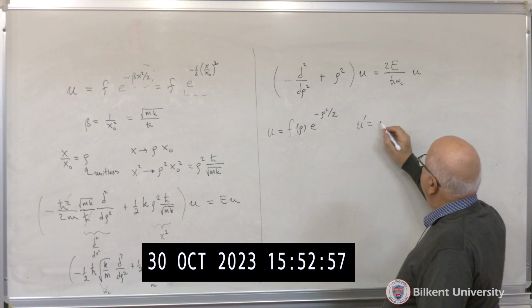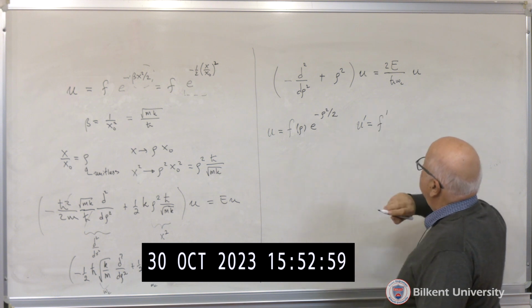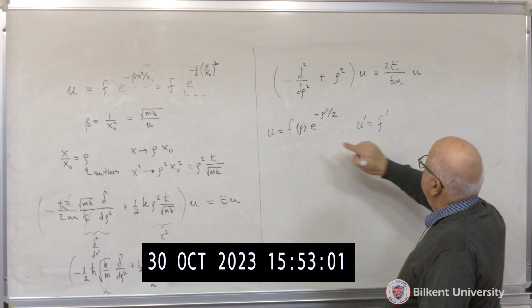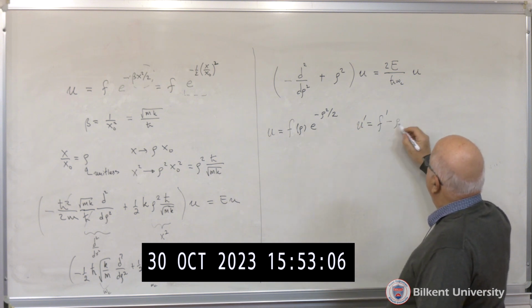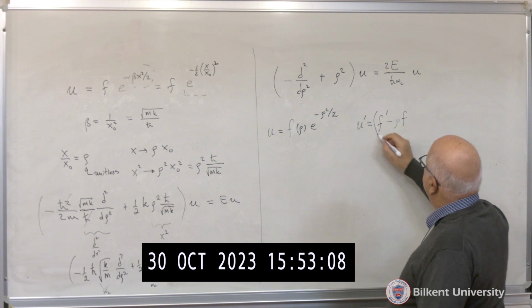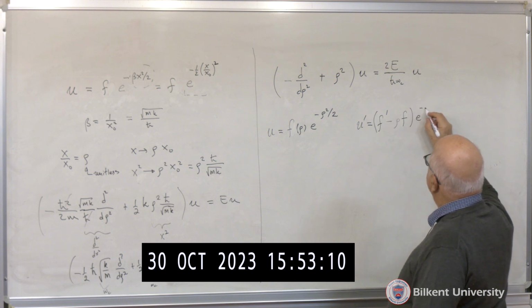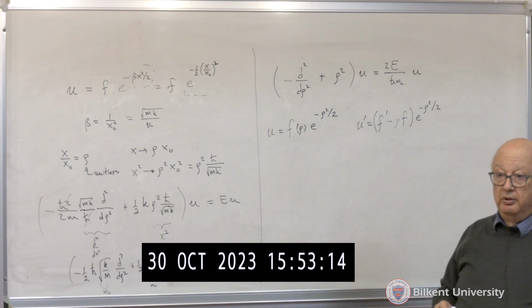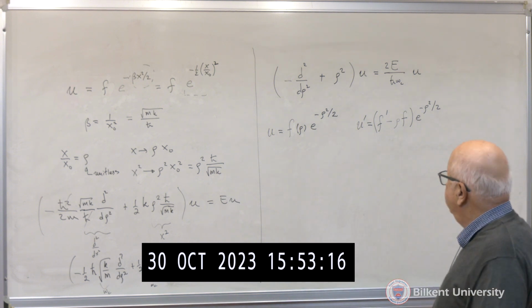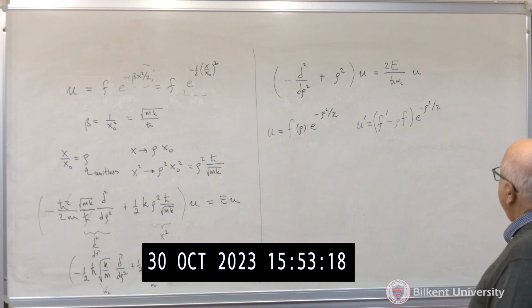So it's going to be f prime minus rho f, times e to the minus rho squared over 2. Please check my algebra. I make lots of mistakes here. That's the derivative of u with respect to rho.